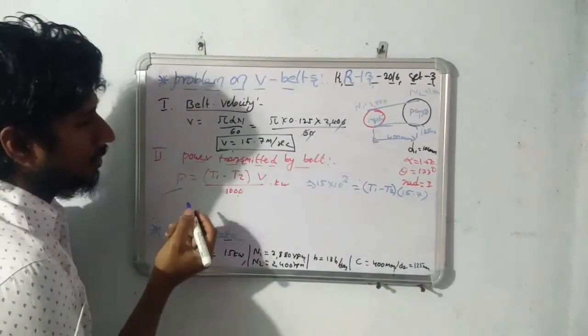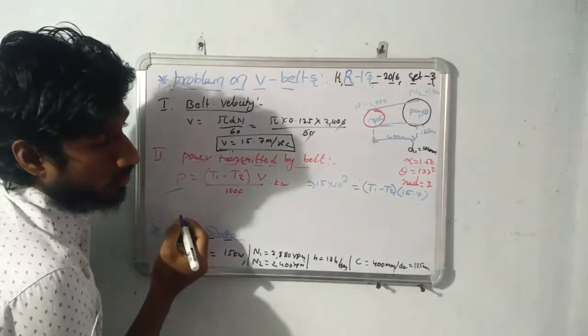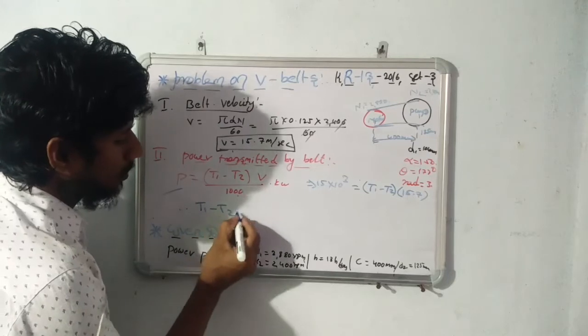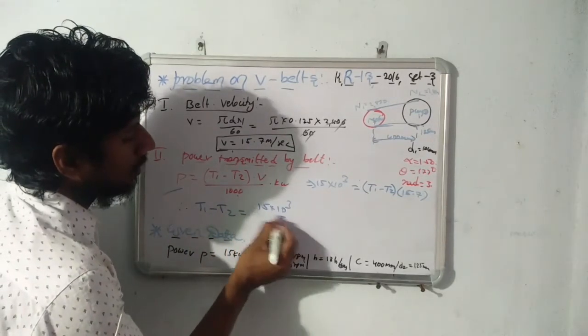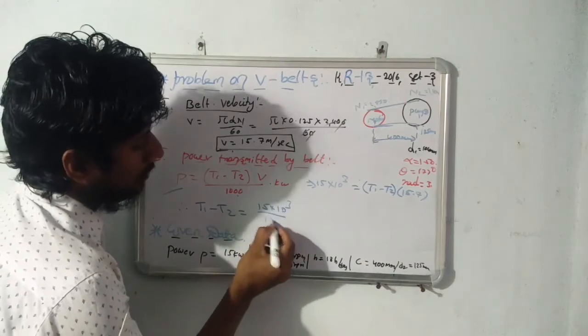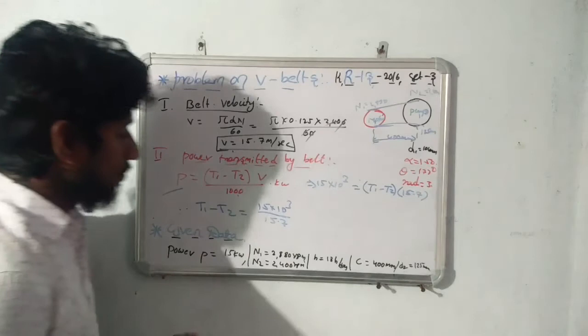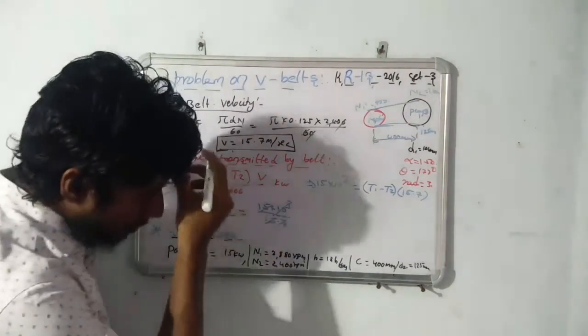By simplifying, T1 minus T2 is equal to 15 into 10 to the power of 3 whole divided by 15.7.